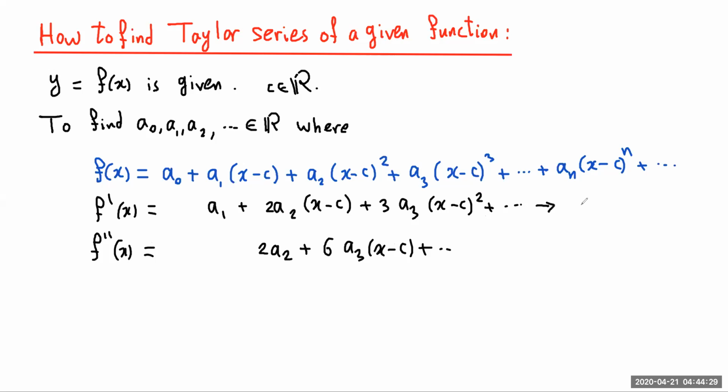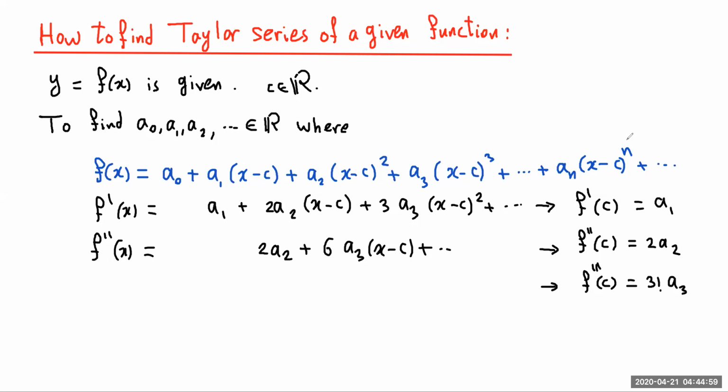So from here, if we calculate f derivative at c, it will be a1. If we calculate f second derivative at c, it will be 2a2. If we calculate the third derivative at c, it will be 6a3 or 3 factorial a3.